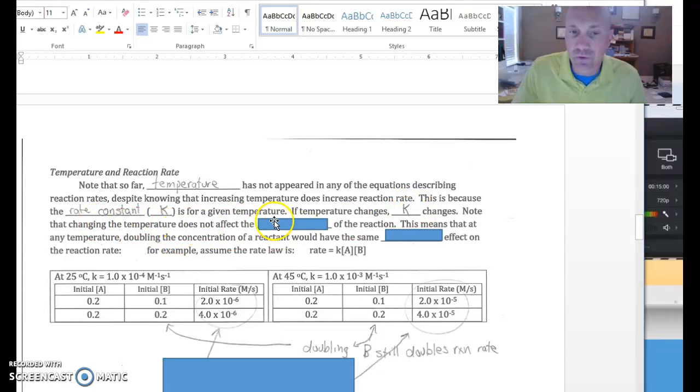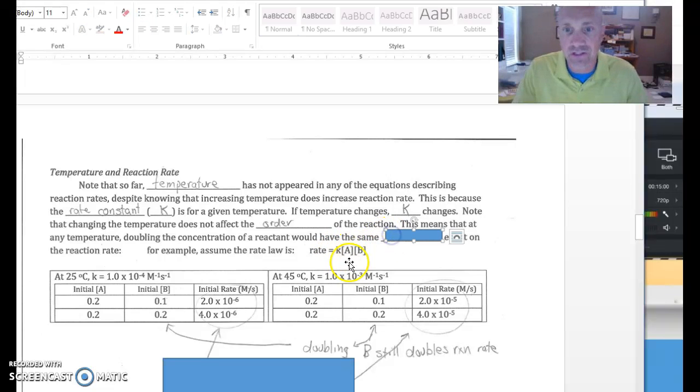One thing I do want to point out is that if you do change the temperature, therefore changing K, it doesn't change the order of the reaction. For example, if I had a reaction which had this rate law right here, if I increase the temperature, K would change, but the order of the reaction doesn't change.